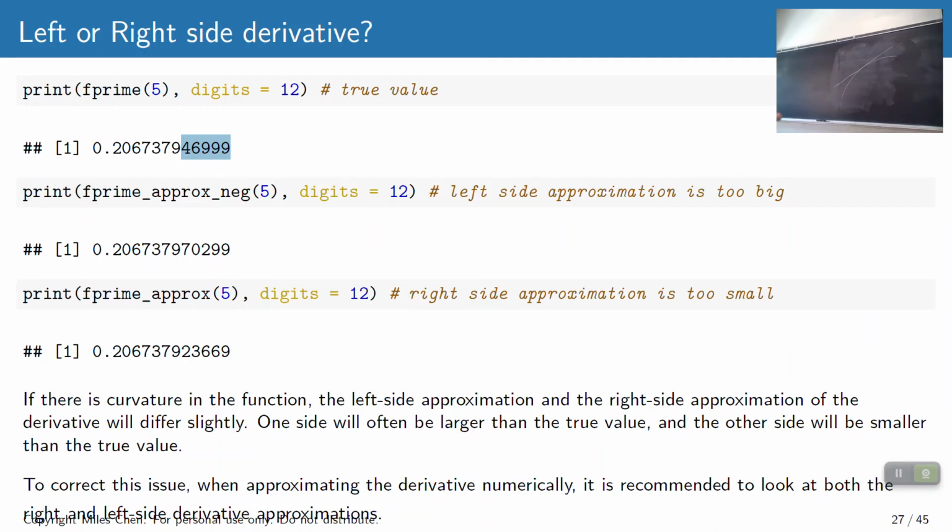This is our tangent line. This is what the function looks like. Now, if this is x, and over here this is x plus h. So this is, again, very, very exaggerated. And I say, what is my approximate slope here, going from x to x plus h?